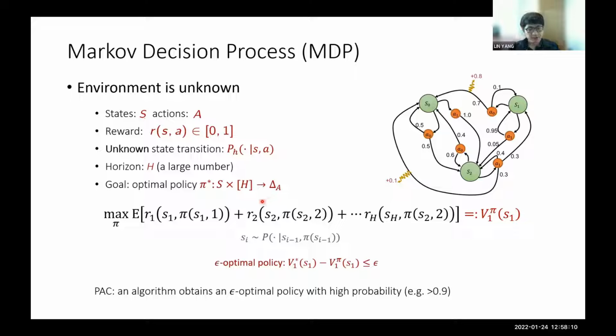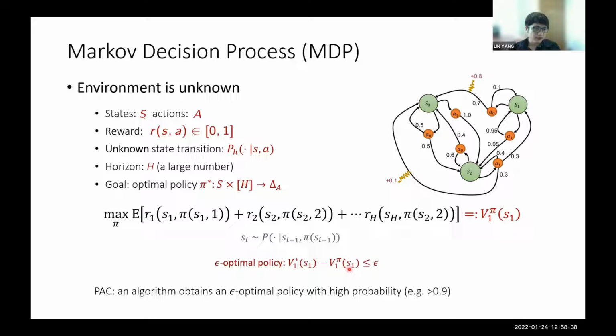The agent takes these H steps and receives a sequence of rewards and state transitions, called a trajectory. The sum of these rewards, taking expectation, is defined to be the value function of this policy pi. The goal of the agent is to maximize the value by applying the correct policy.